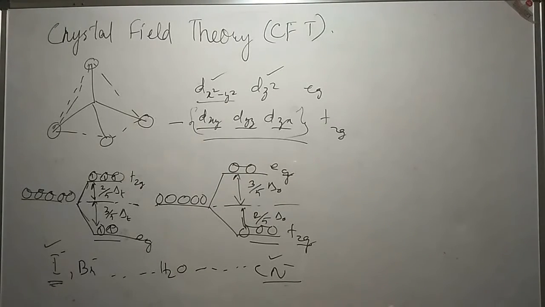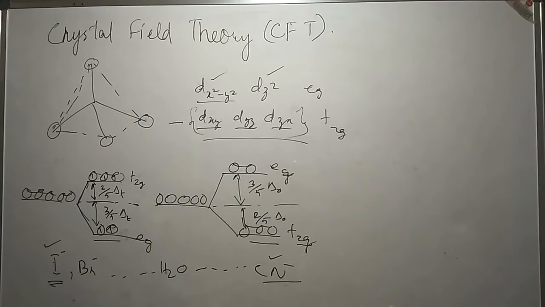There is one more thing, regarding high spin and low spin. High spin means more number of unpaired electrons, and low spin means less number of unpaired electrons.